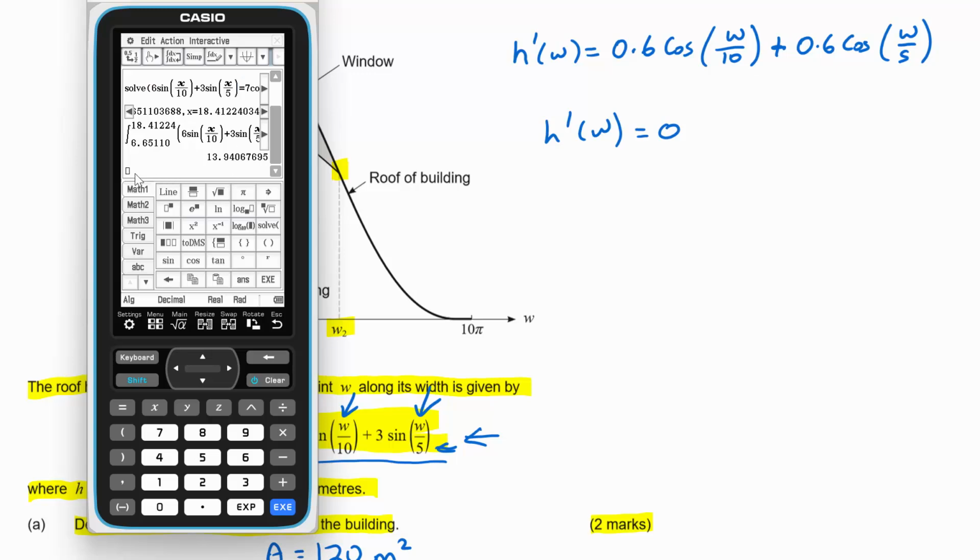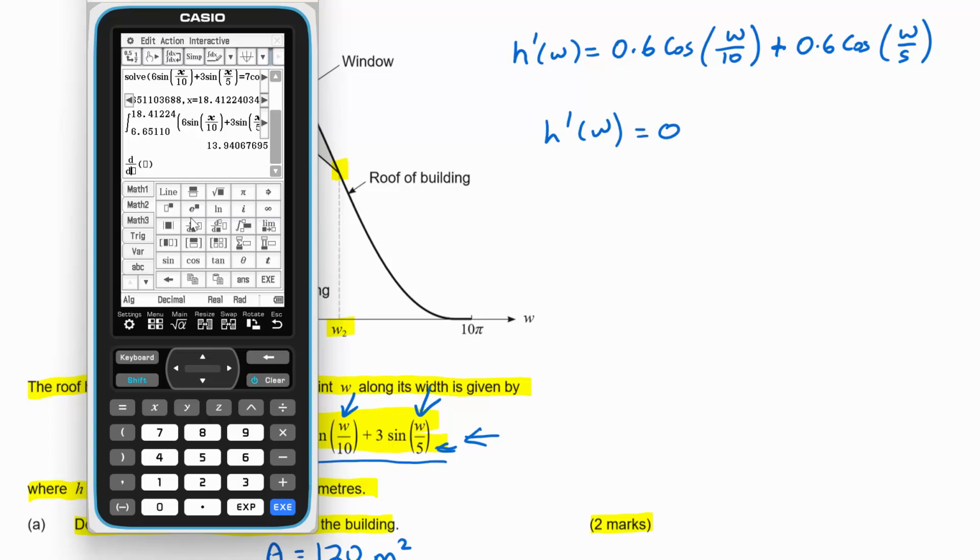So what I can do here is go to Math 2, do a d dx of that, and I should get the same expression that we have written down for us. So that is that. So it's factorized it, but you can see it's the same as what I've got up here.